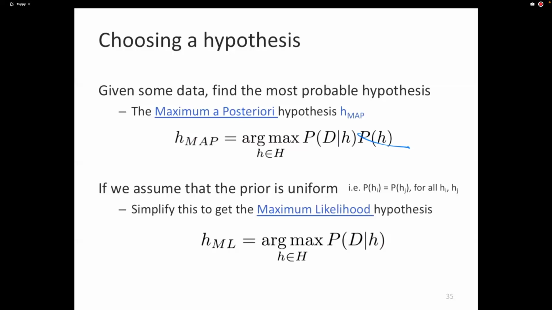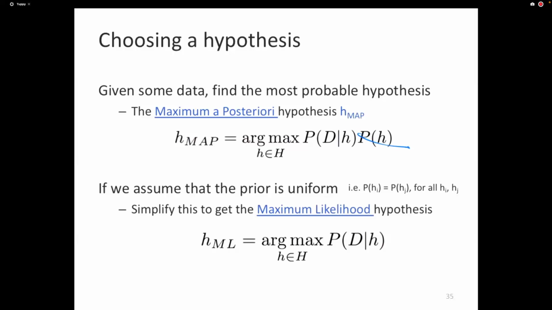Maximum likelihood assumes that the prior is uniform. Or you can think of the prior as being uniform or the prior being irrelevant. Because if all hypotheses are equally probable in the prior distribution, then it does not differentiate in the hypothesis space.